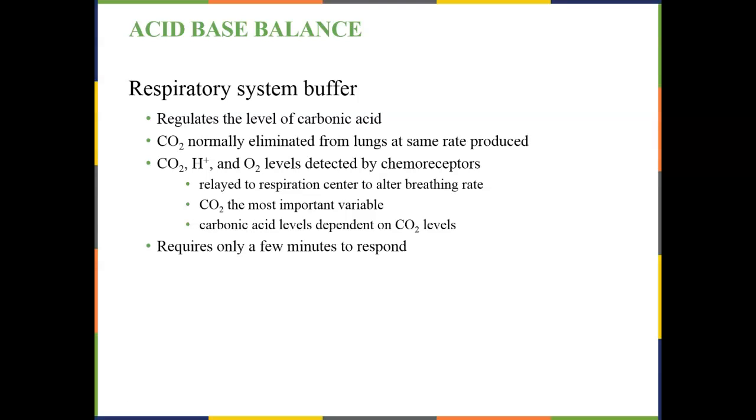If we have a lot of carbon dioxide in our blood, we're going to produce more carbonic acid. Carbon dioxide is typically eliminated at roughly the same rate that it's produced, so we don't have an excess amount, but there are different disorders that can cause us to have more carbon dioxide. Also, different problems can alter our breathing rates.